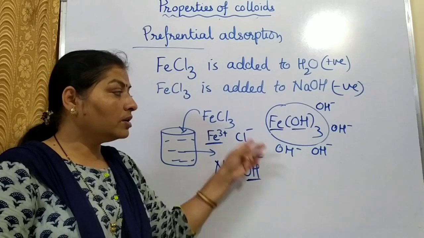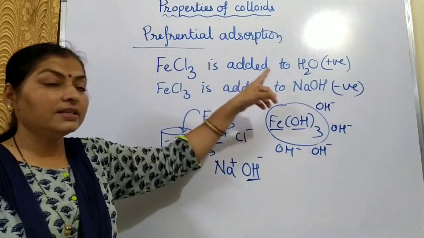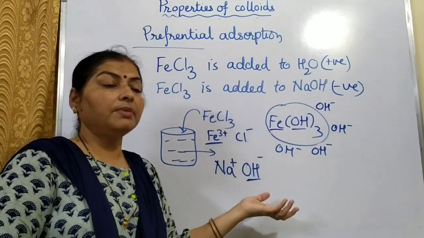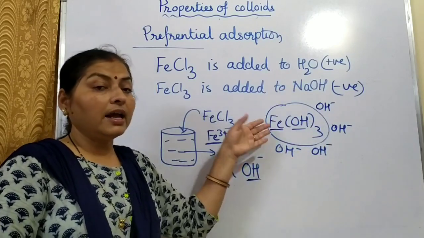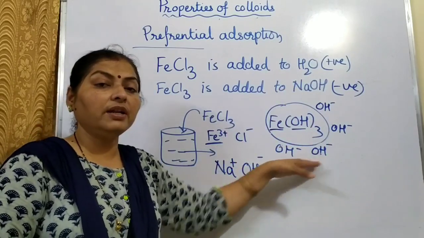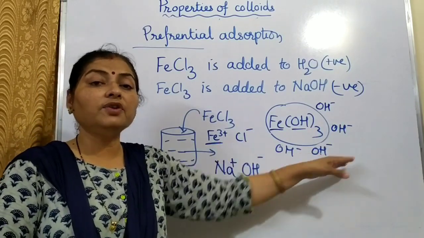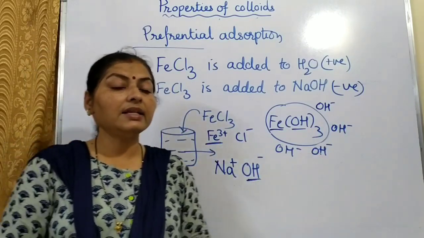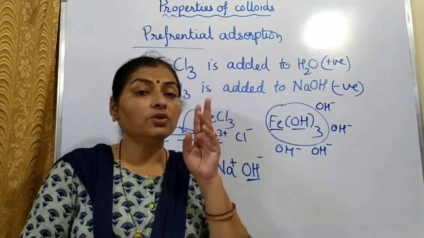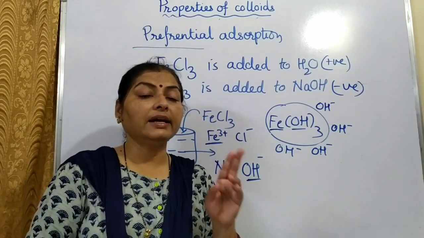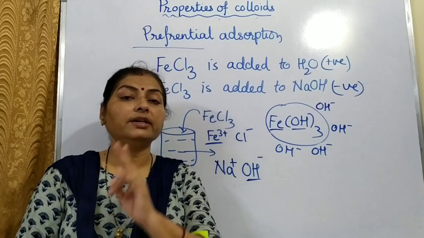Then we also saw that only one layer of ions is not possible. This will be a fixed layer, and there will be a counter ion surrounding this fixed layer, which will be a diffuse layer. So one fixed layer is there, one diffuse layer is there, due to the formation of the double layer, the electric double layer, Helmholtz electric double layer.